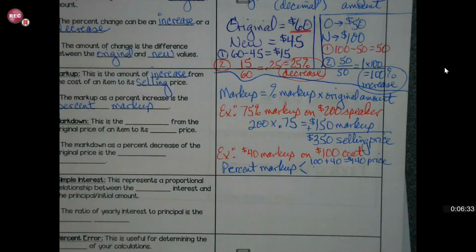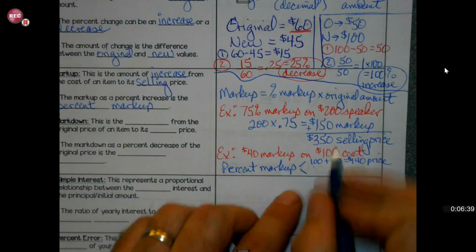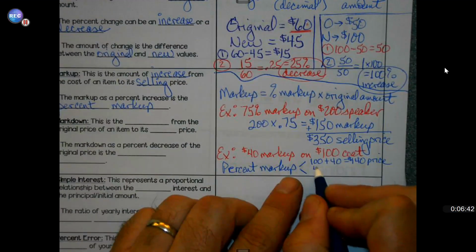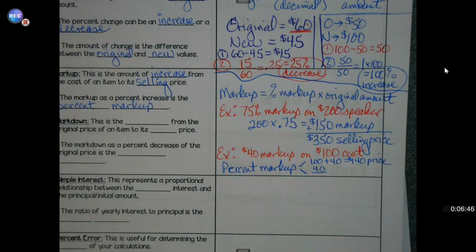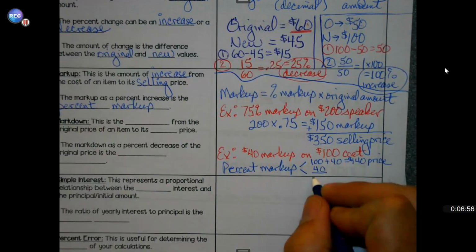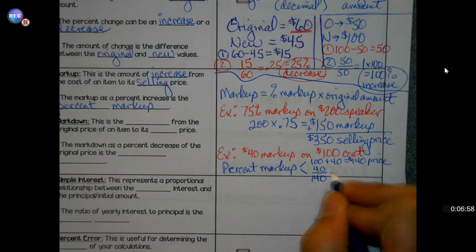Let's think this through for a minute. So is my percent based on the coat or my price? It's going to be based on my price in this case.